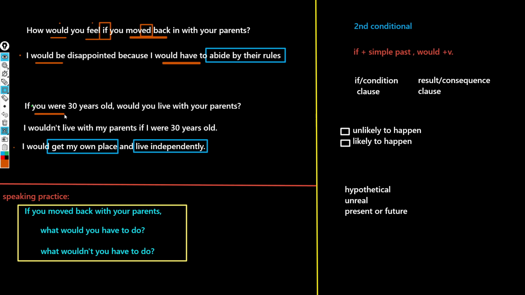If you were 30 years old, again we have if. After if, we have simple past. Would you live with your parents? The result, the consequence. Now, this is what we call second conditional. It is made up of two clauses.